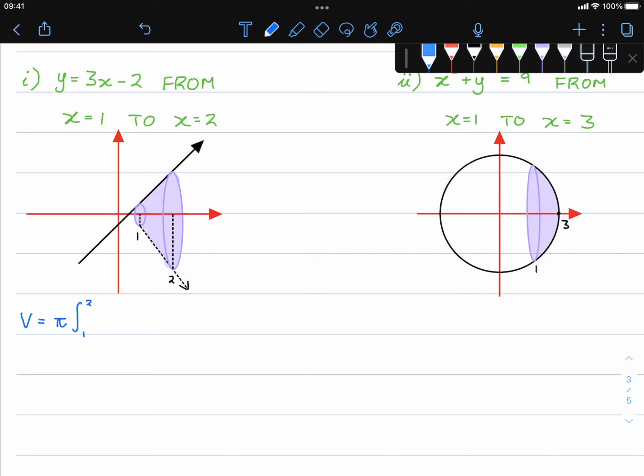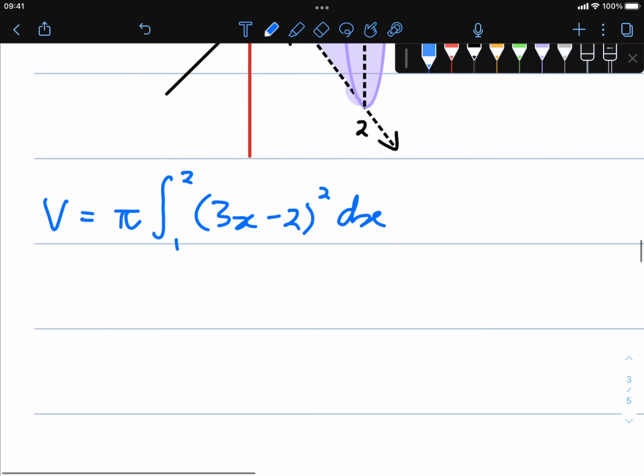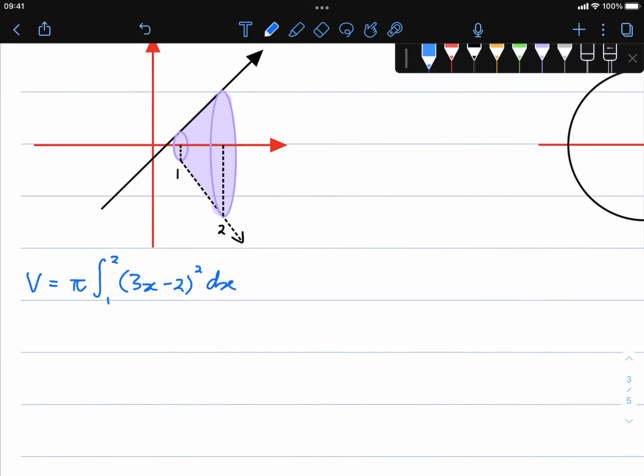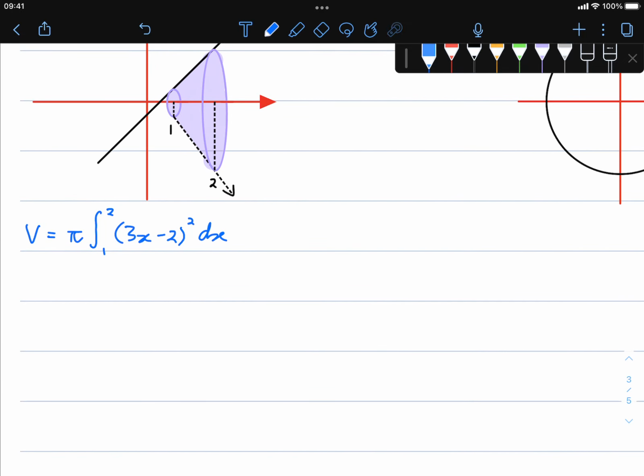So the function y is 3x minus 2, but we have to square the function y. And by evaluating this, we get the volume of this solid. So let's expand this. You can use the reverse chain rule, but I'm just keeping it nice and simple.